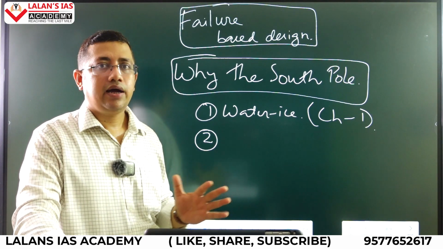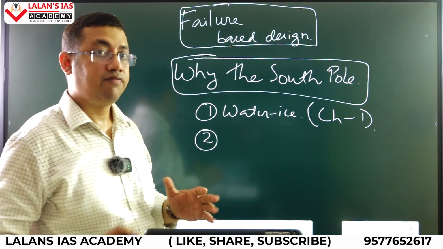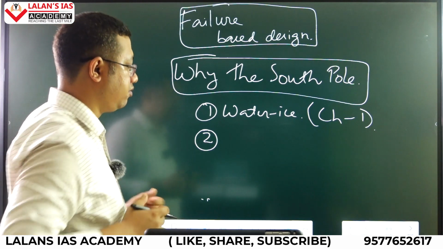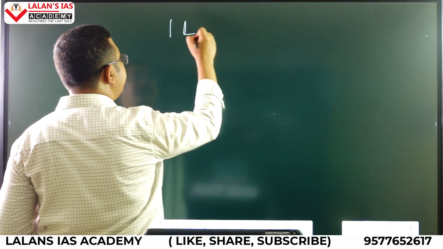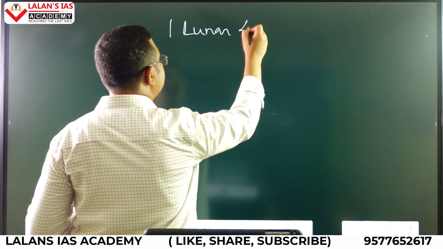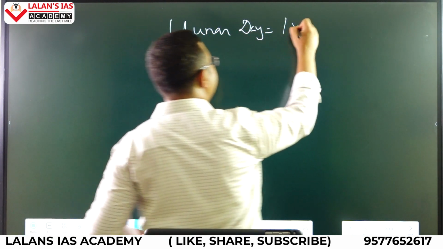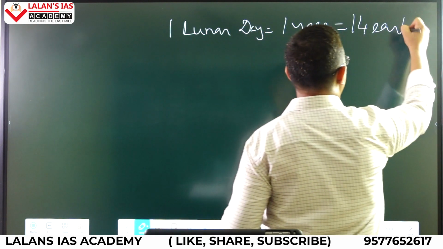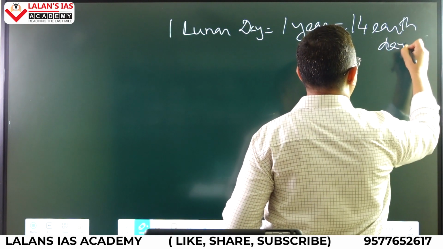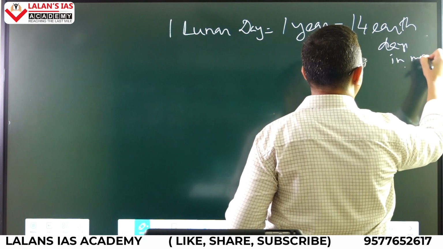And now I hope you know certain basic stuff. If you don't know, then be with me, I will explain. Wait. One lunar day is equal to 1 year is equal to 14 Earth days on the moon. Why is it so?